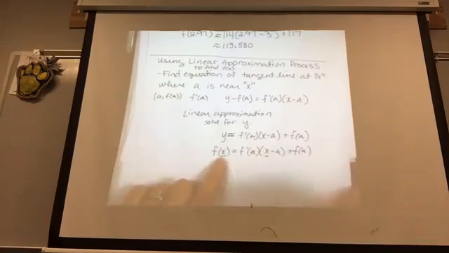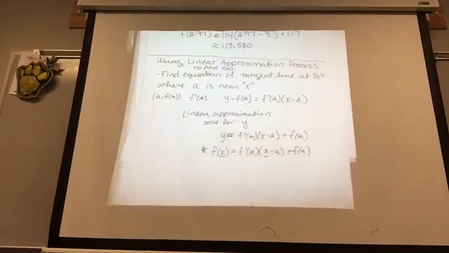And so that's how I find f of some value using the tangent line. So that's just what we did yesterday, put in weird letters.